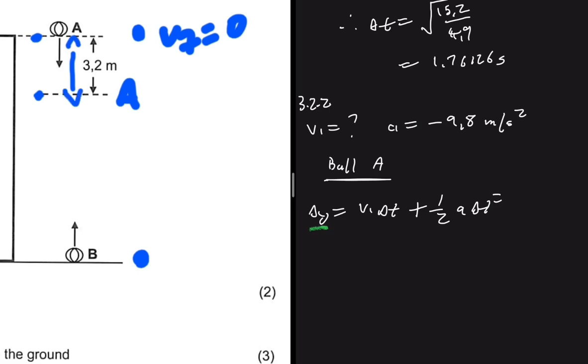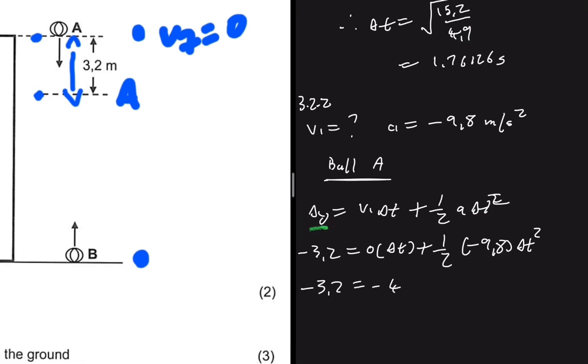We're going to subtract it from the total time, and that will be the time for ball B. All right, so if we substitute minus 3.2, then our Vi is 0 delta t plus a half minus 9.8 delta t squared. So we're going to have minus 3.2 being equal to minus 4.9 delta t squared.